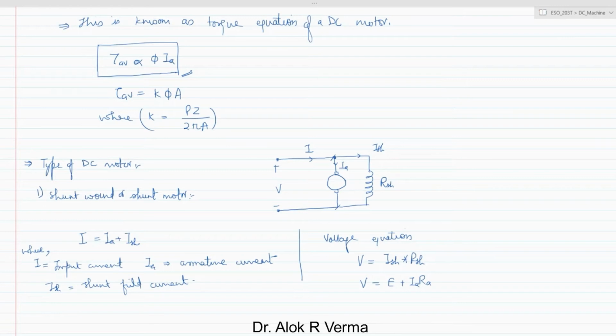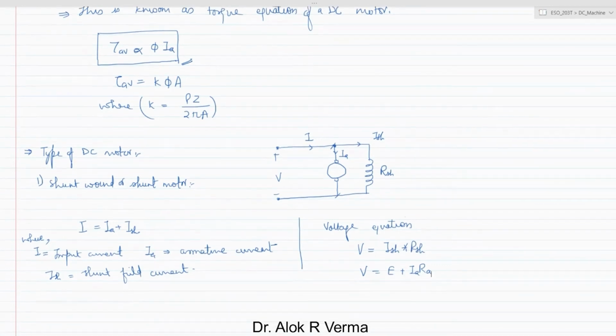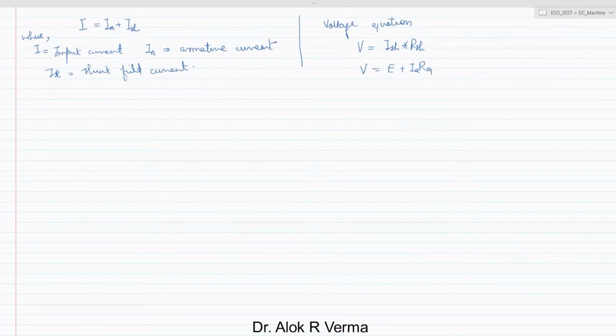Now if you want a power equation in this shunt motor, just multiply the voltage equation on both sides by the current. Let us write down the power equation.